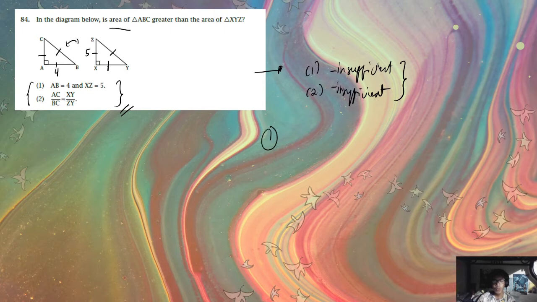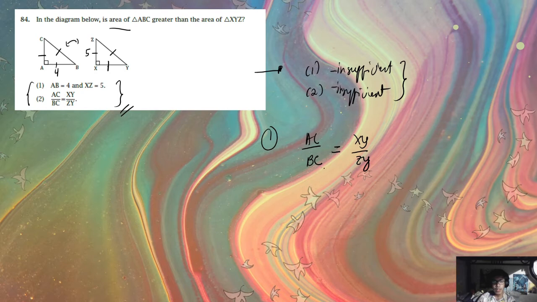For the first one, we were given that AB is equal to 4 and XZ is equal to 5. Now, for the second one, we have that AC over BC is equal to XY over ZY.